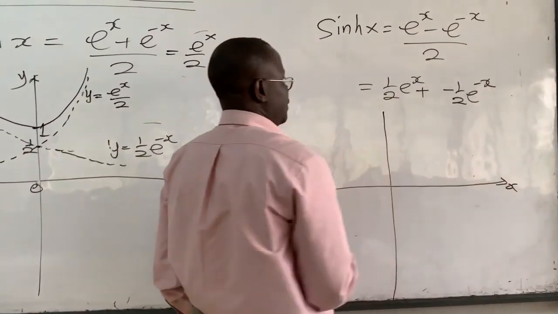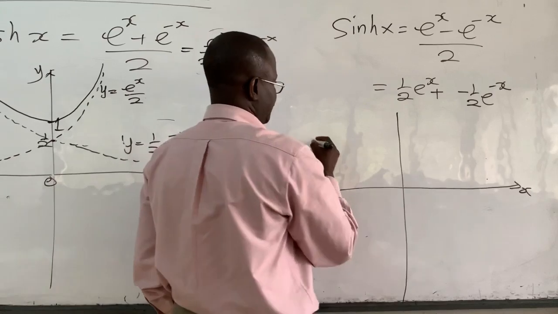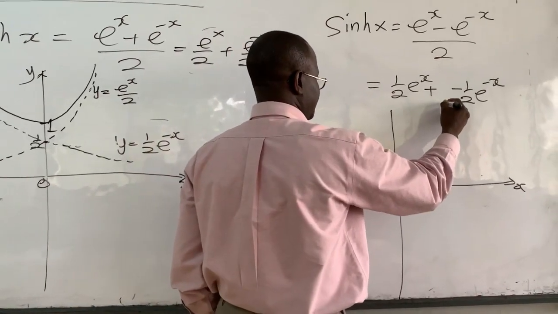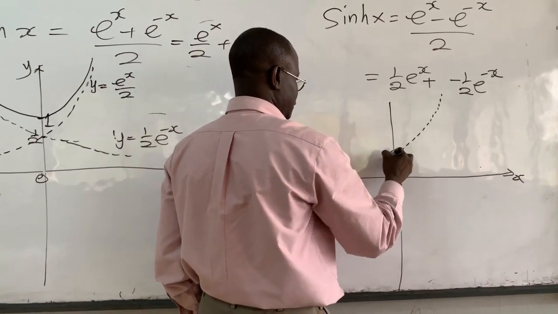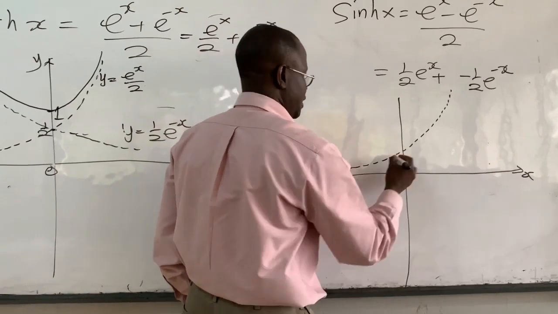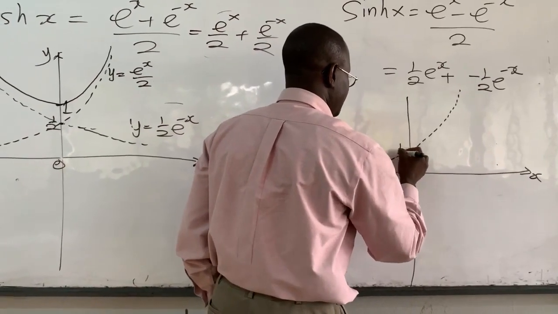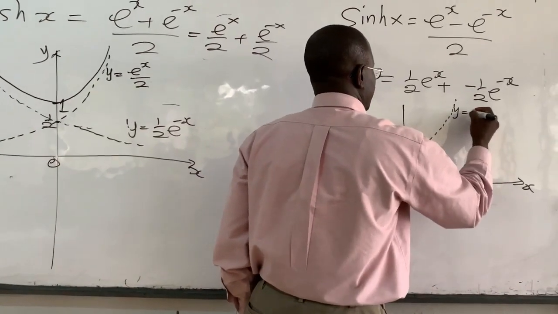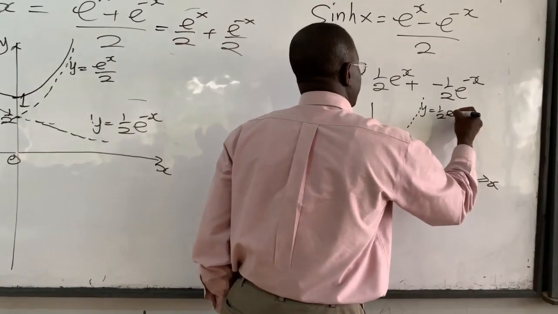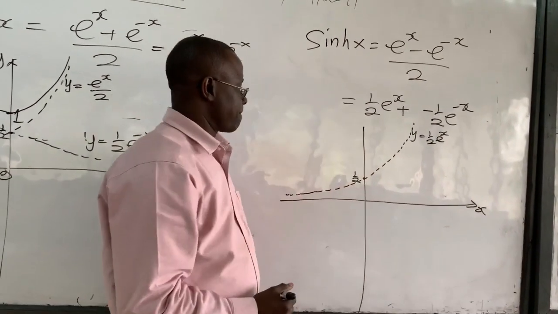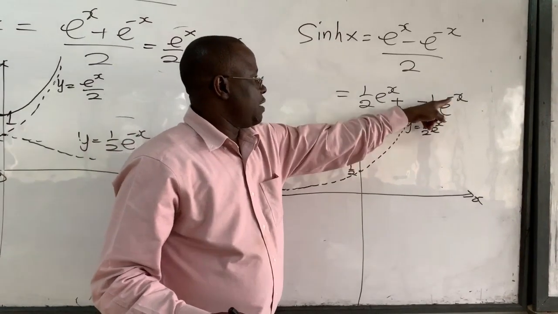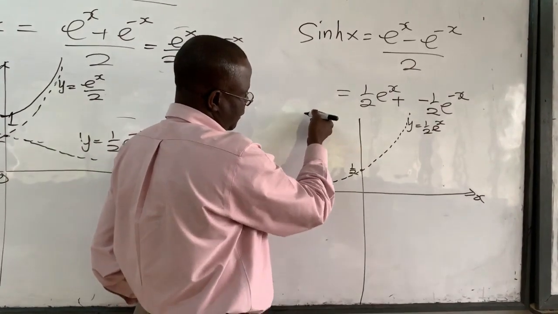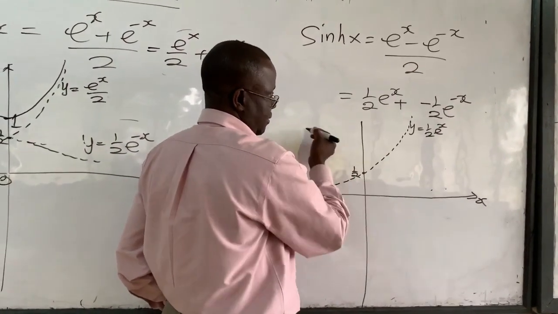Again, 1/2 e to the x is that. That is 1/2 e to the x. Note that e to the minus x is a graph that goes like that.